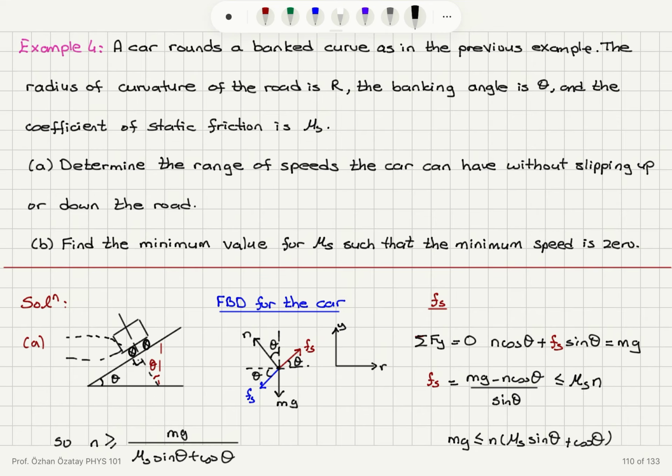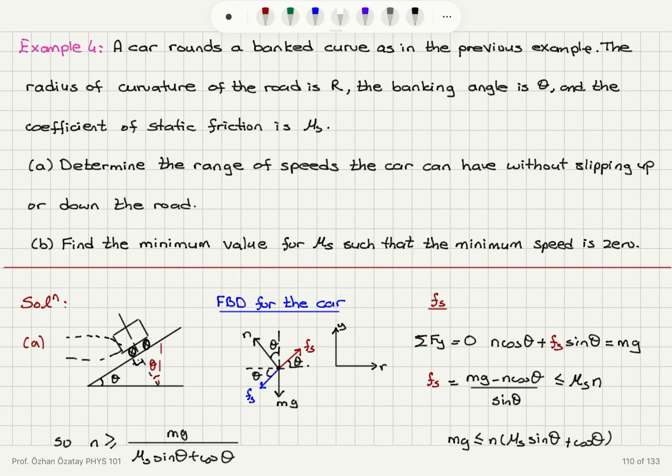Okay, so to summarize, we have modified the previous problem where we had a banking angle of theta, so the normal force component on the radial axis was responsible for centripetal acceleration, now to include static friction as well. Now the static friction can cause sliding up or down this tilted road, and so we have to consider two scenarios, one static friction pointing up, one static friction pointing down.